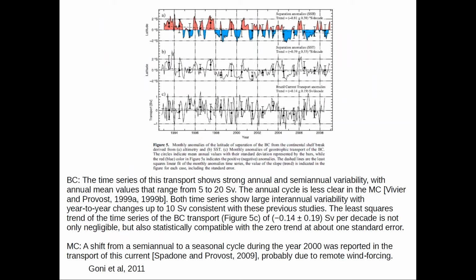This is another time series which is a little bit longer. It shows pretty strong variability, and it's hard for me to see it from here. Anyway, it shows some mesoscale variability, some years with an annual cycle, some years with a semi-annual cycle. So it's a highly dynamic area.